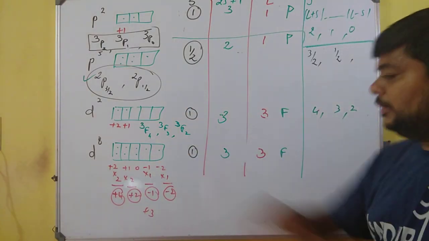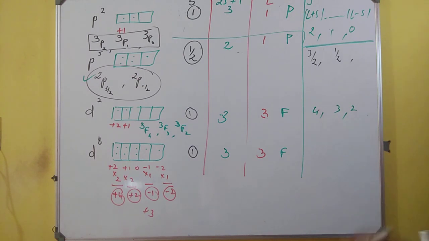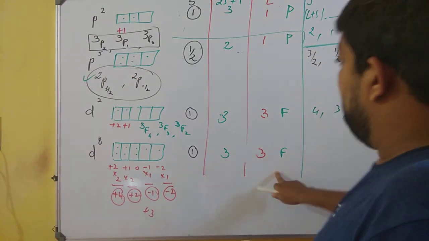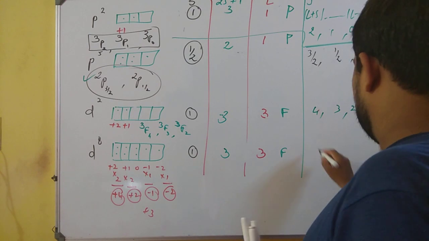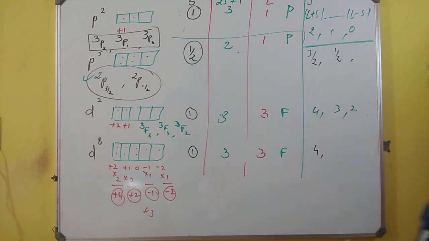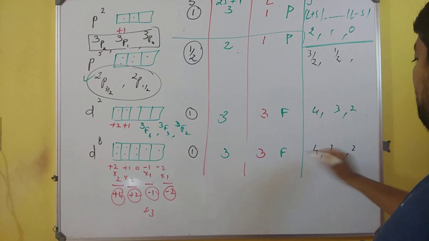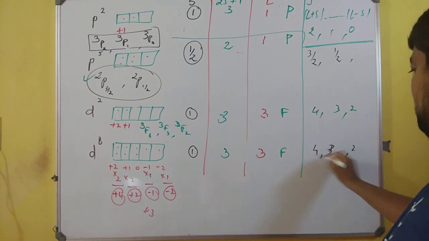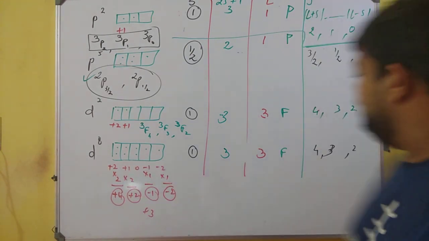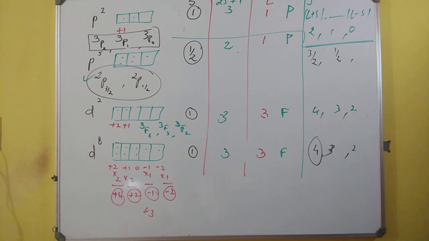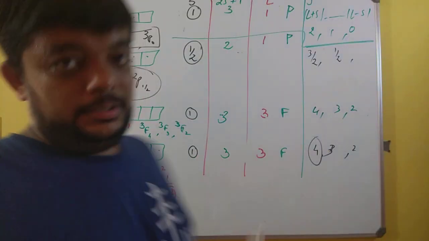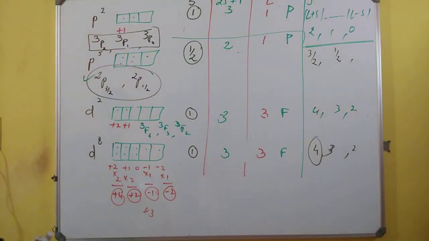Going for this particular example, it will be very interesting to learn that L plus S, 3 plus 1, again it is 4, and 3 minus S, so it will be 2. 4, 3, 2, but over here it is more than half filled, so L plus S has to be the superior answer or the more particular answer.